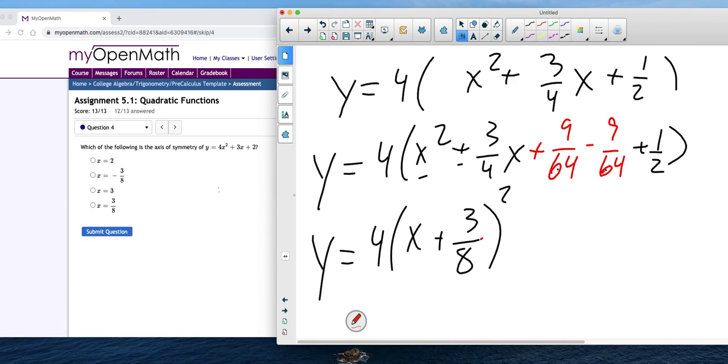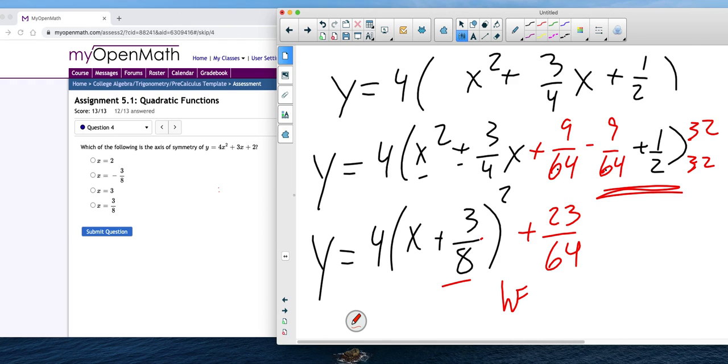All right, combine these two at the end. So we have negative 9/64 and 1/2. If I multiply both the top and the bottom by 32, that'll give us the same denominator of 64. So it's just negative 9 plus 32, which would be 23. So plus 23/64. All we needed is the h.